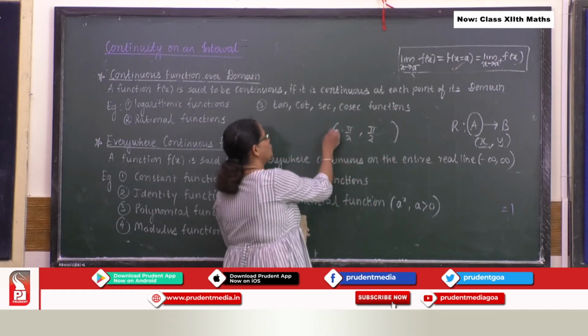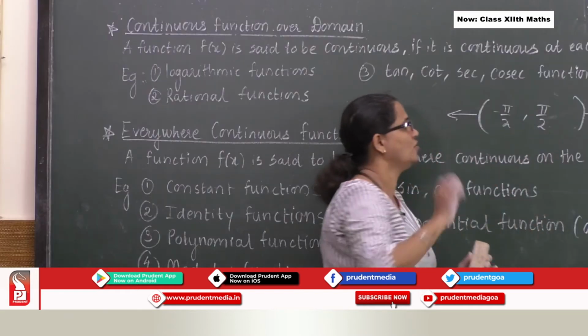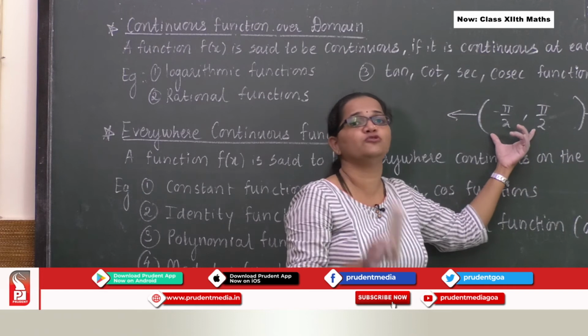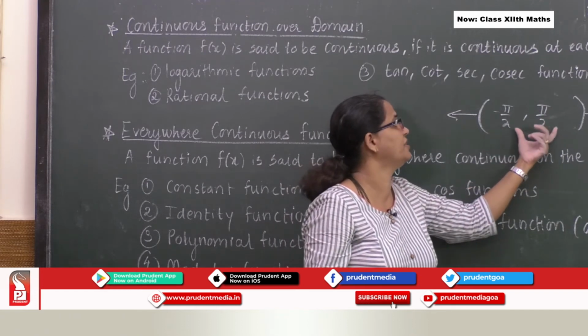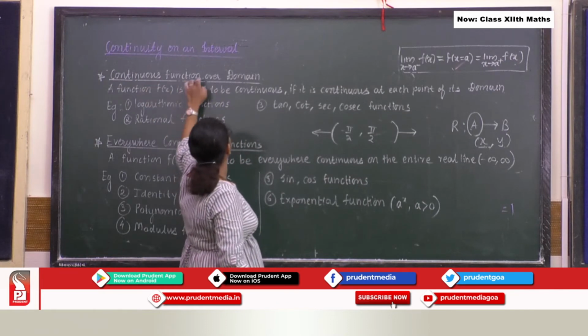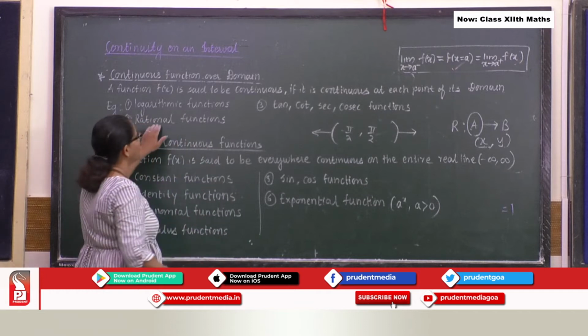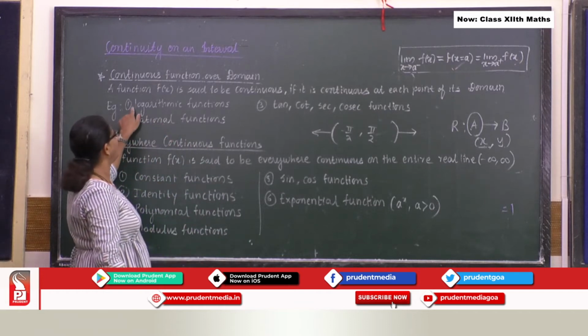You are not supposed to bother about what is happening outside. That is not your problem. You just have to concentrate on this particular domain. Understood now what is called a continuous function over its domain?